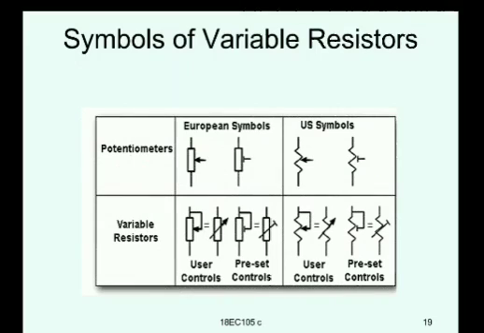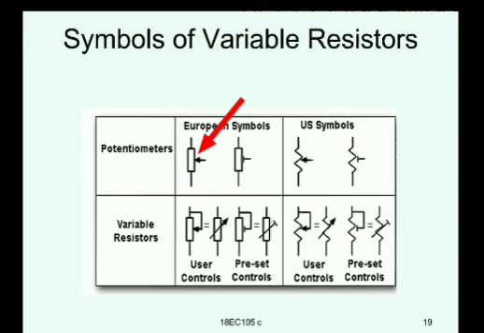Let us see the symbols of the variable resistors. Here you have symbols for potentiometers and variable resistors. For the potentiometers, again you have two boxes. One shows the symbols used by the European countries, and the other box shows the US standard symbols.